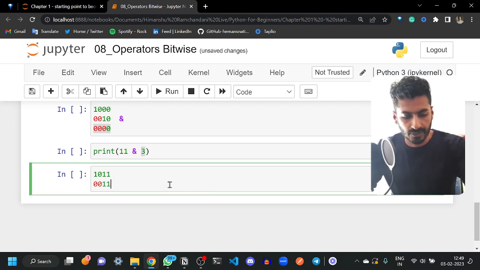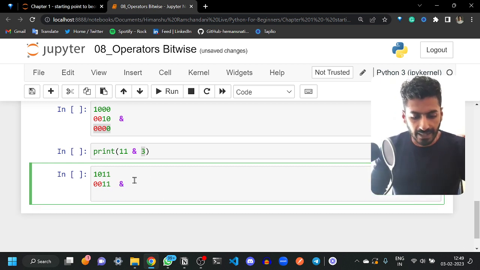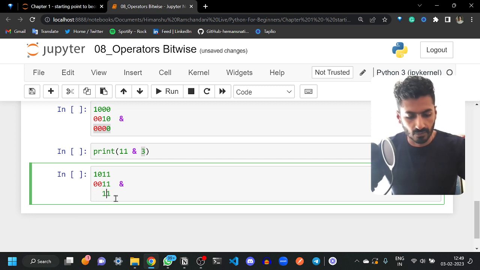Okay, let's calculate AND in both the cases. So 1 and 1 will be 1. 1 and 1 will be 1, 0 and 0 will be 0, and 1 and 0 will be 0.